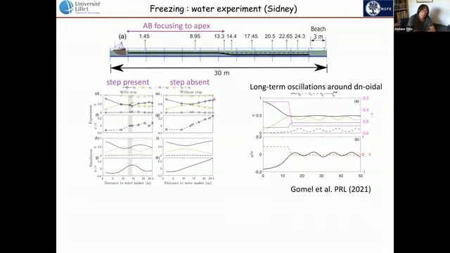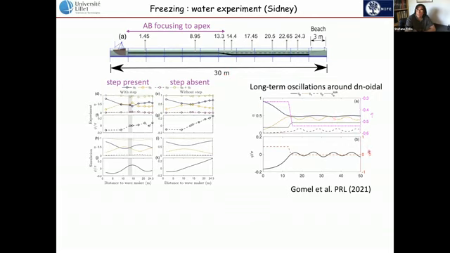If you add the step, then you can inhibit this behavior, and the jump stabilizes the breather nearly at its maximum. Why do I say nearly? Because if you do a longer simulation, here the tank is long, only 30 meters.